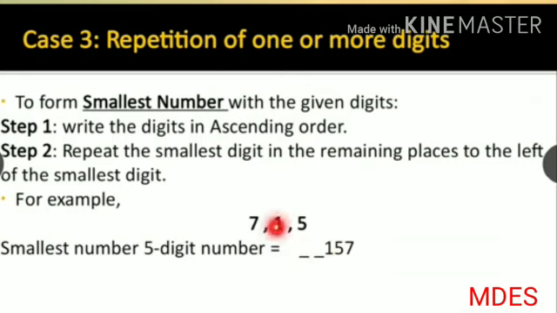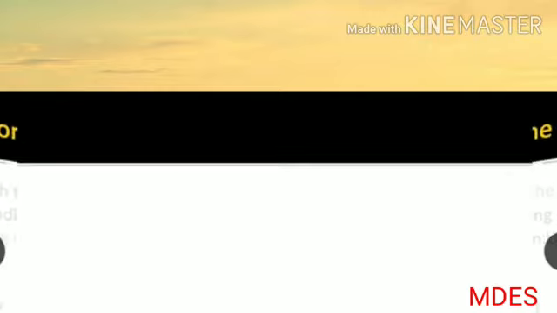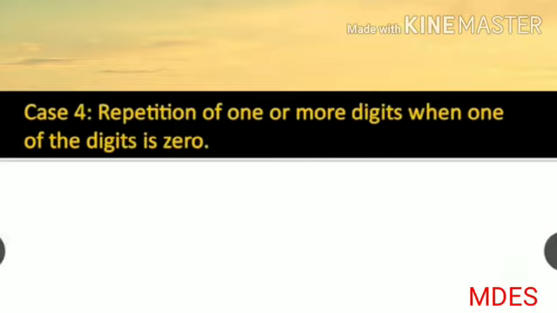So just fill these 2 places by 1. Your answer will be 11157, which we can read as 11,157. Now let's move towards the next case.